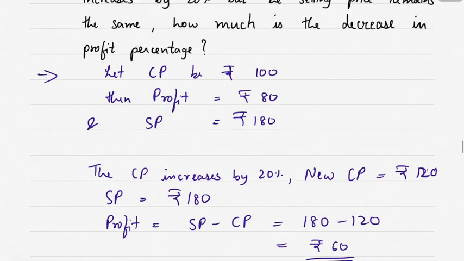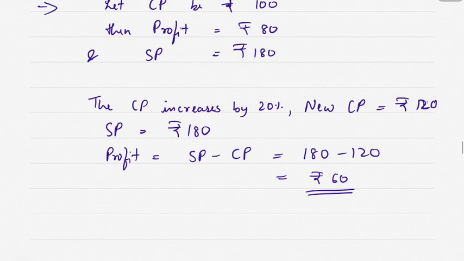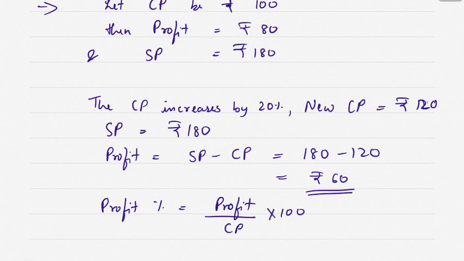Okay, what is asked? How much is the decrease in profit percentage? So how much is the profit percentage? First we'll see that. Okay, so profit percent is profit upon cost price into 100.